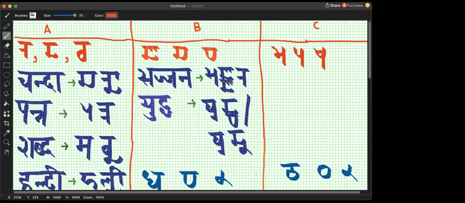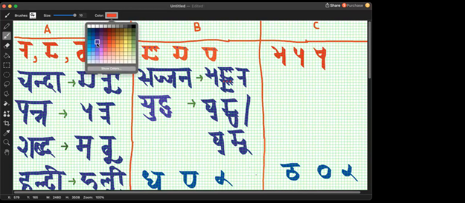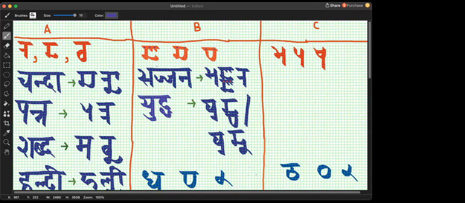So such kind of alphabets, okay, where there is no Shiroreka, how are you going to write it? Let's take a few words. Say you want to write dharma.